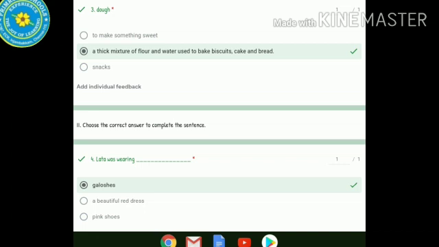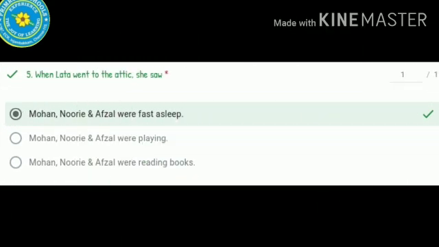Next question. Lata was wearing galoshes. Yes, that's the right answer. Here comes the next question. When Lata went to the attic, she saw what, children?